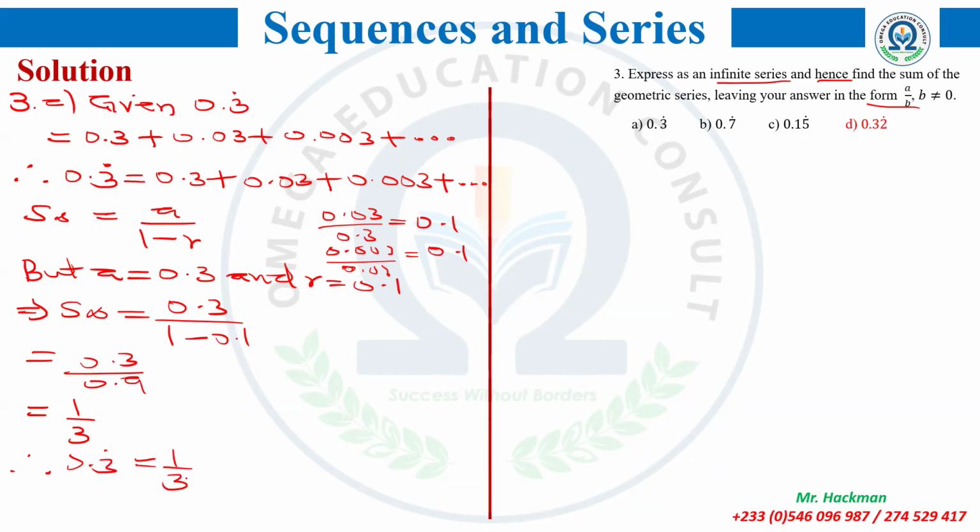Do I end here? Yes, I can end here, but I shouldn't. Remember, I told you anytime the form contains unknowns, always compare and attach the values. So if you compare, A will be equal to 1 and B will be equal to 3.